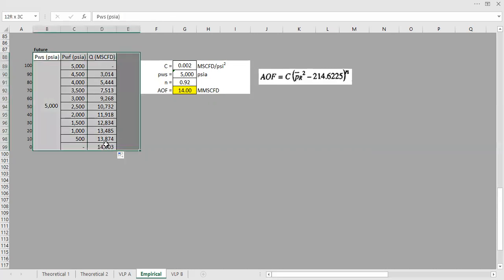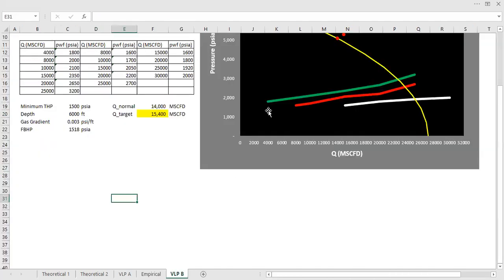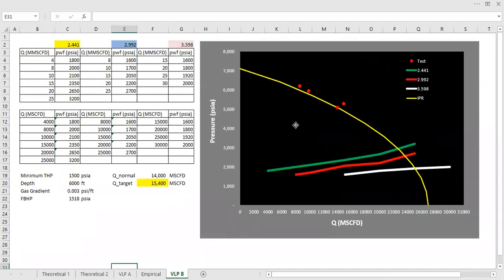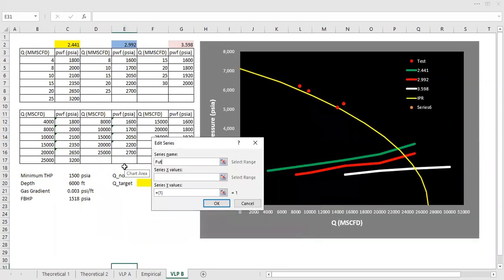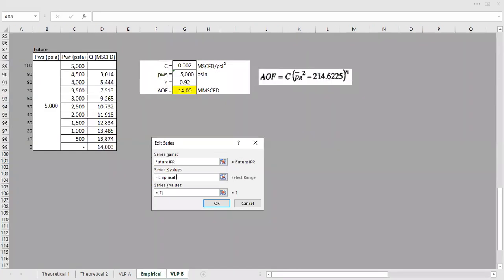Okay, so let's say this is the future IPR, and then we will put this future IPR in our nodal analysis plot, select data, add future IPR, series X here, series Y, the vertical axis.